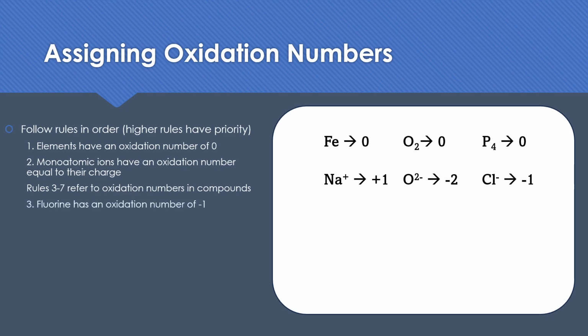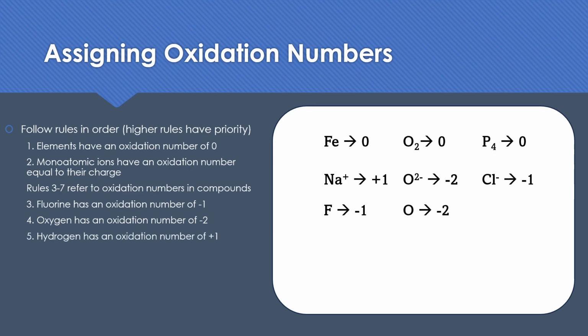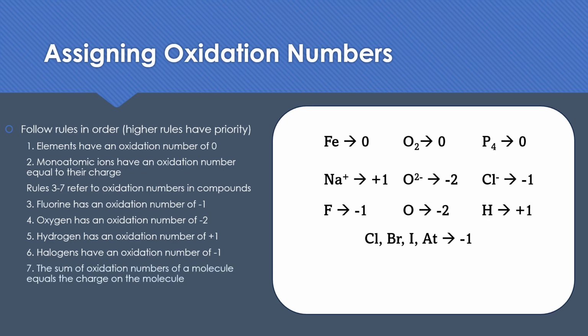In a compound, fluorine always has an oxidation number of -1, no exceptions. Oxygen always has an oxidation number of -2. Hydrogen has an oxidation number of +1. Halogens have an oxidation number of -1. And finally, the sum of the oxidation numbers of a molecule equals the charge on the molecule.